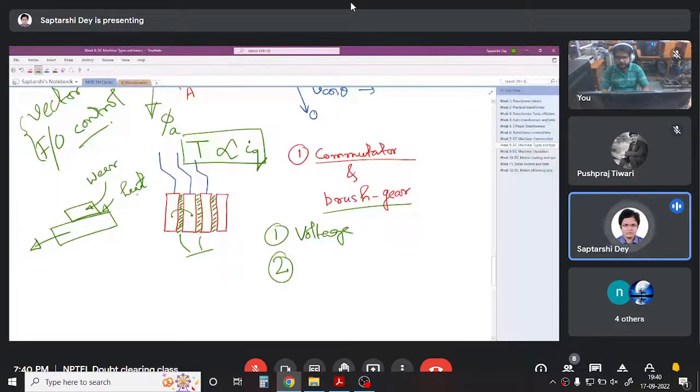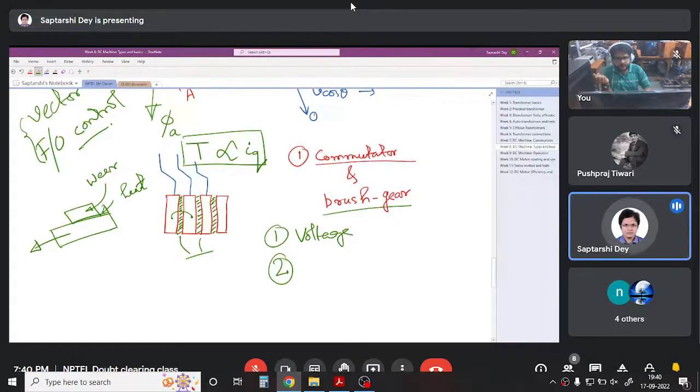Not only that, suppose you are using motors in different industries. Many industries work in very harsh conditions, specifically the chemical industries. In a chemical industry, there may be combustible chemicals present in the air. They will come here through the air and ignite.